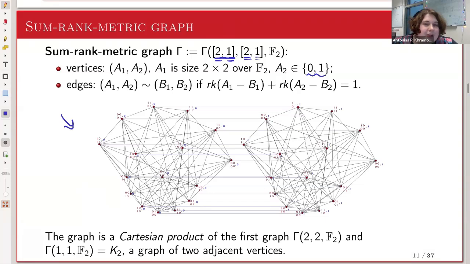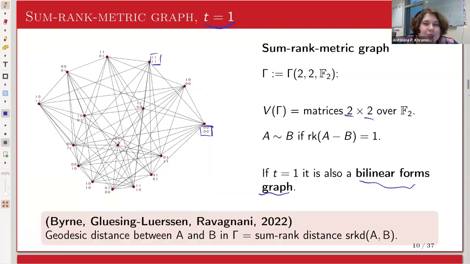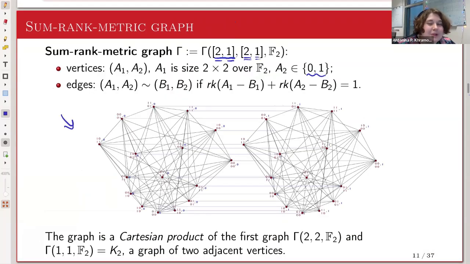It's actually related to the bilinear forms graph from before, and it's a Cartesian product of the original graph and K2, which is just the bilinear forms graph for 0 and 1, since it's just two vertices and they're adjacent. Yeah, so this is what the sum rank metric graph looks like.